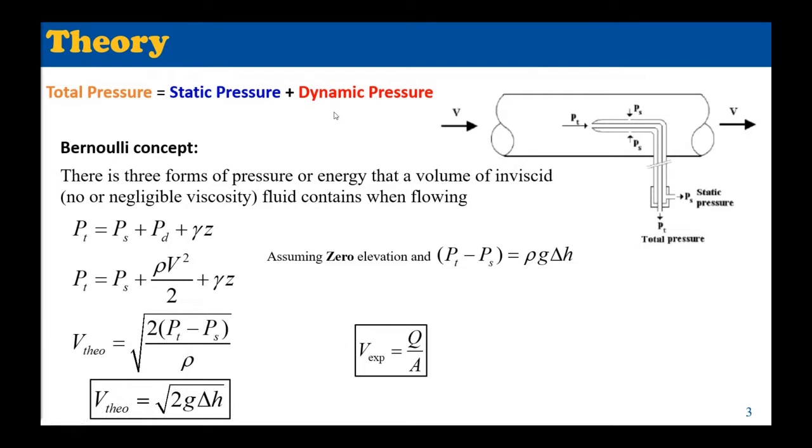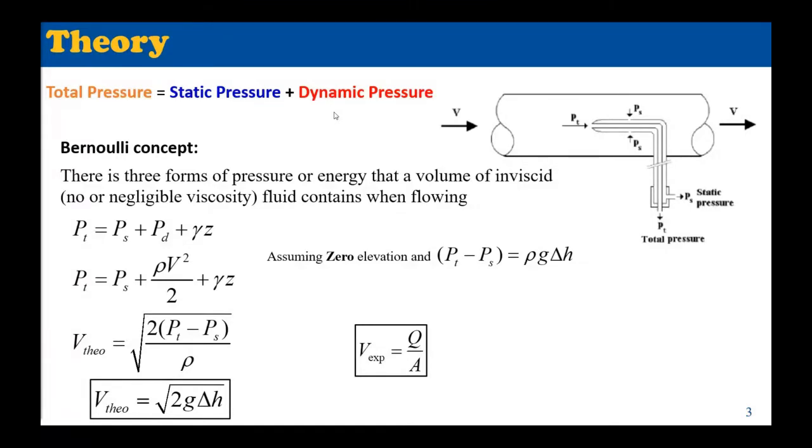Now, we also need to understand and use the famous Bernoulli equation that we already know. The Bernoulli equation uses the concept that there are three forms of pressure or energy in a volume of fluid that is flowing, and the fluid is inviscid, meaning it has no or negligible viscosity.